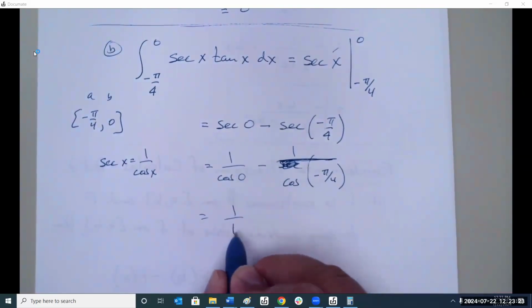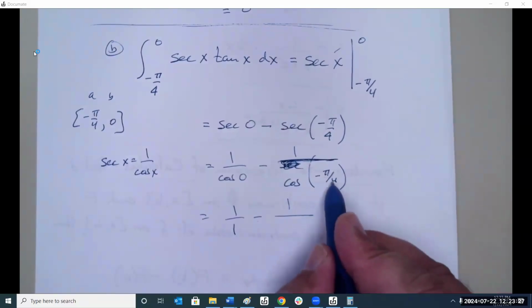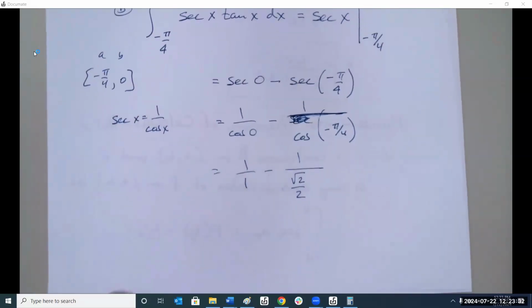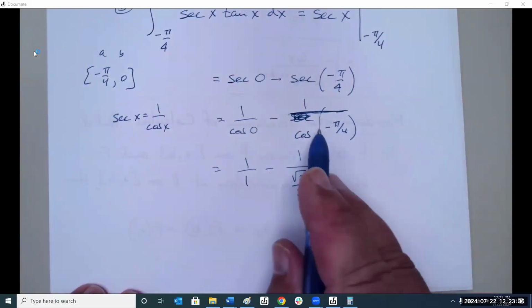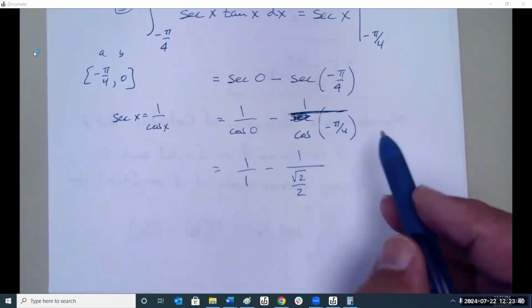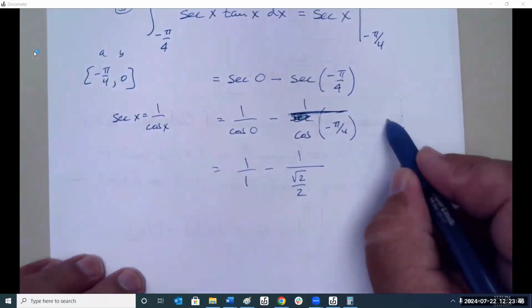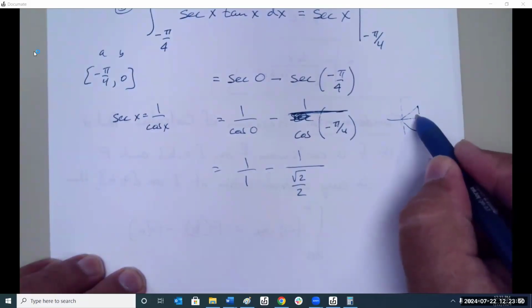Cosine of 0 is 1. Cosine of pi over 4 is square root of 2 over 2. But it's negative, so we go down. It's still in the first and fourth quadrant. Cosine is the same, because pi over 4 and negative pi over 4 both go to the same x value.